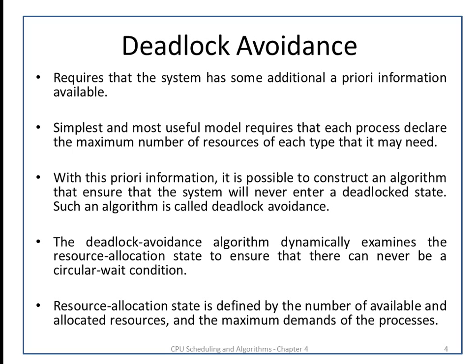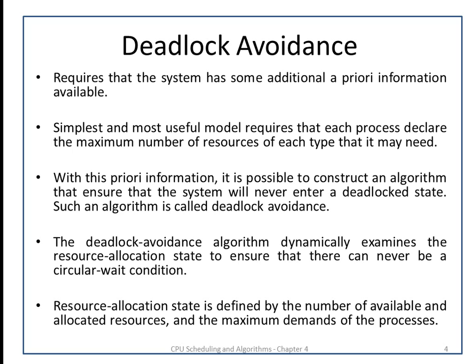There are various algorithms that use this approach, but the simplest and the most useful model requires that each process should declare the maximum number of resources of each type that it may need. With this prior information, it is possible to construct an algorithm that ensures that the system will never enter a deadlock state.